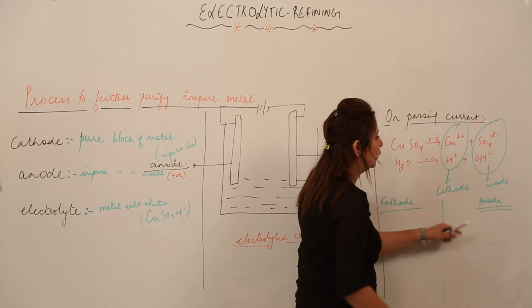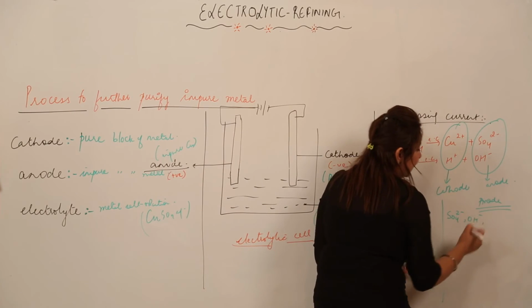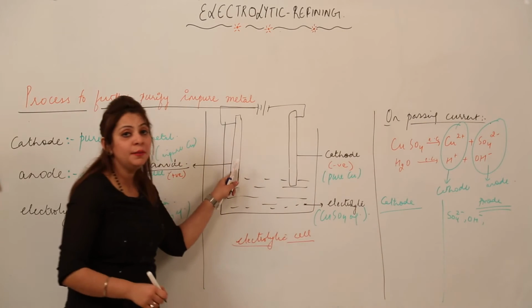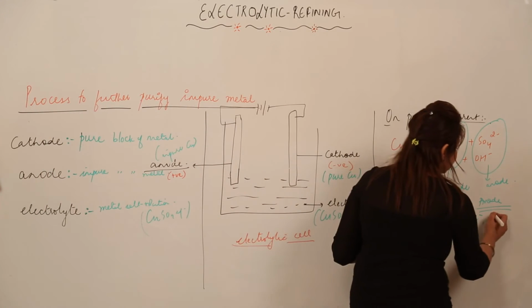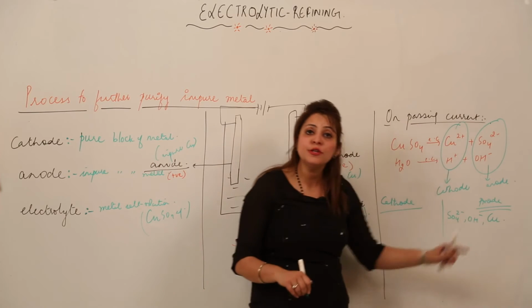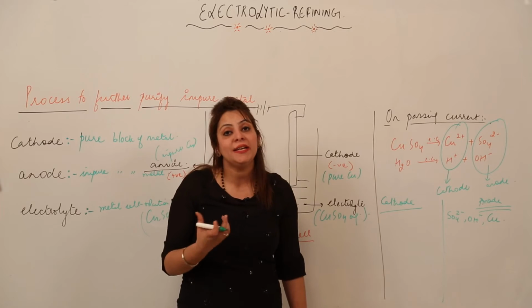So on the anode, which ions migrate? Sulfate ions, hydroxide ions, and don't forget it is obviously made up of impure copper, so that means it too has copper atoms. Out of these three, the one which has the lowest discharge potential is going to get discharged.